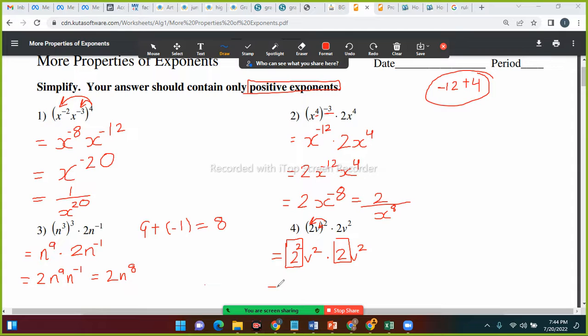So it's going to be equal to 2 squared times 2, multiplied by v squared times v squared. So 2 squared times 2 is 2 to the third power, and v squared times v squared is v to the fourth.